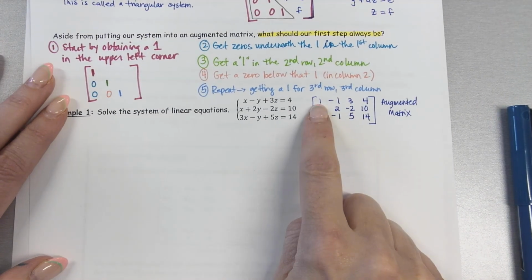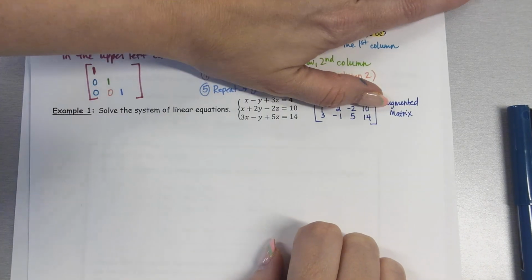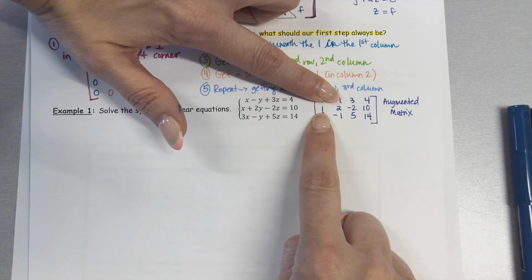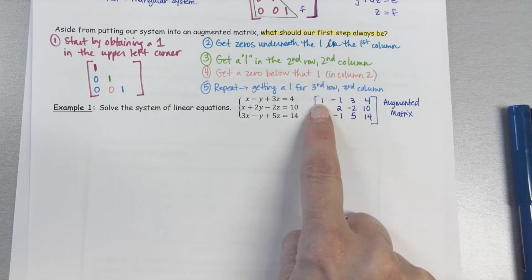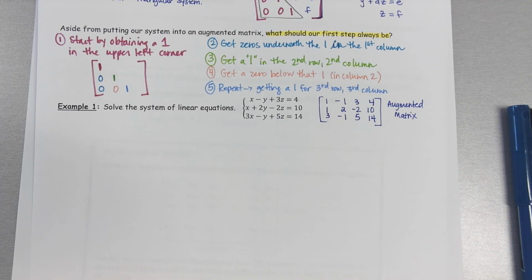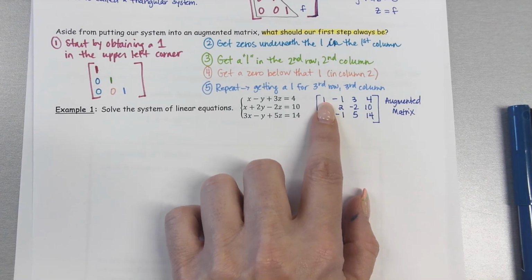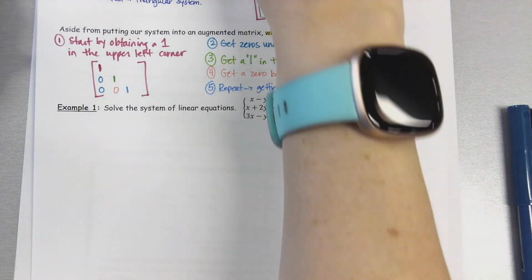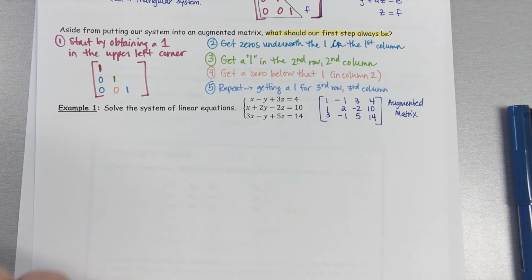Let's pretend this isn't a 1, okay? Do you see how this row has a 1 in it? If this doesn't have a 1 here, but the next row does, your first step should be to flip the 2 rows, to switch them. But for this one, we have a 1 there, so we're good. So step 1, already done, okay?